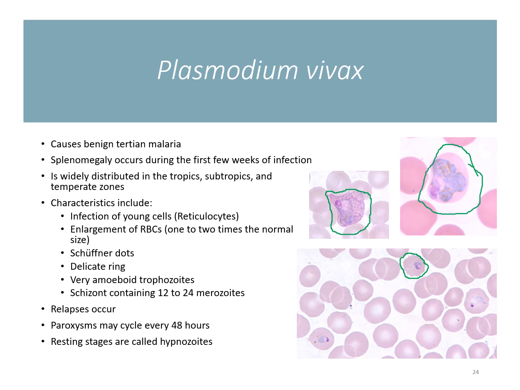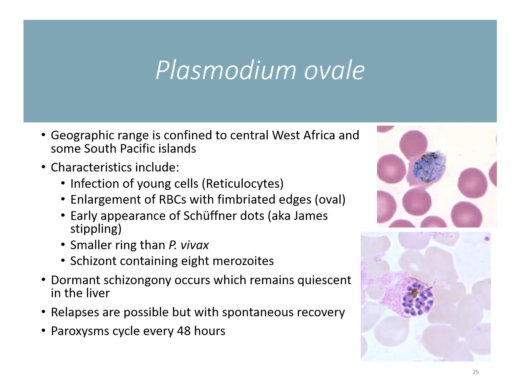Over here are all different characteristics that are used to help diagnose it. I'm not expecting you to know these in detail, but if you're presented with a picture and it has something that looks similar to these, then you would just need to say that it's a Plasmodium species. The Plasmodium ovale, again, is found in tropical areas, and you can see some of these characteristics.